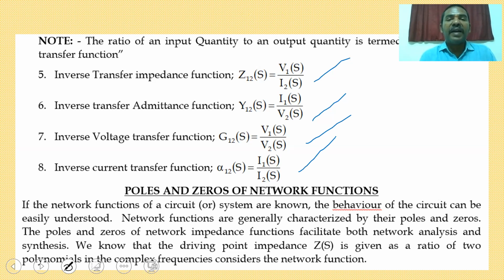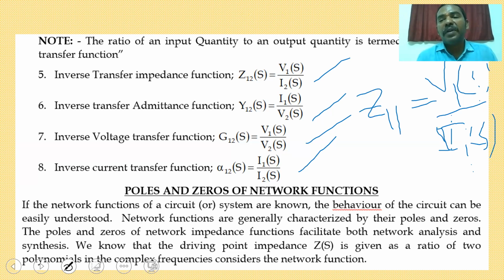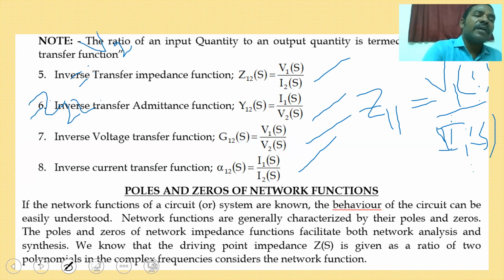Similarly, driving point impedance means Z11. So Z11 is equal to V1 of s by I1 of s, the driving point input impedance. The driving point output impedance Z22 is equal to V2 of s divided by I2 of s.